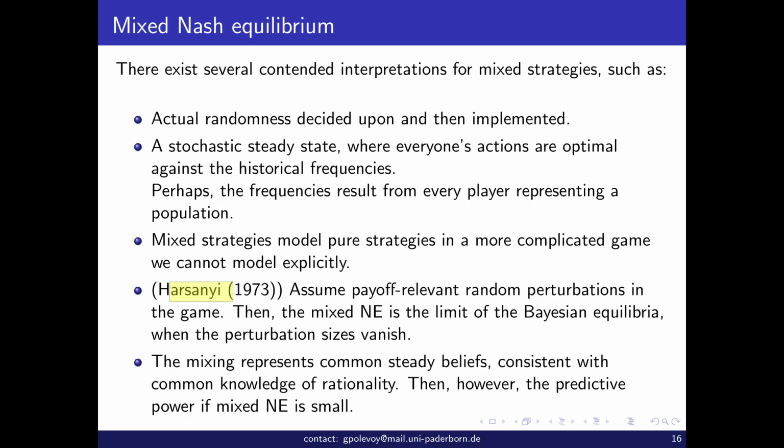Another model is from the point of view of epistemic game theory, so a game theory which talks about what we know and how that influences what we do and how that can get influenced from what we observe. And in that way, the whole idea of Nash equilibria and mixed extension can represent common beliefs which are consistent with common knowledge of rationality. So everyone knows that everyone is rational, everyone knows that everyone knows that everyone is rational, and so on.